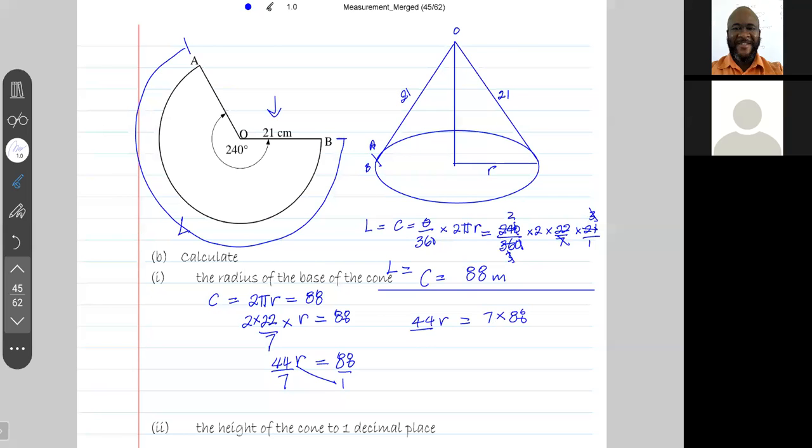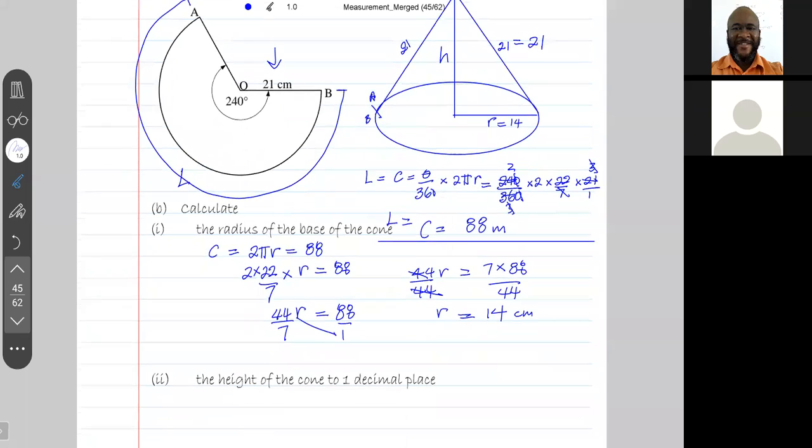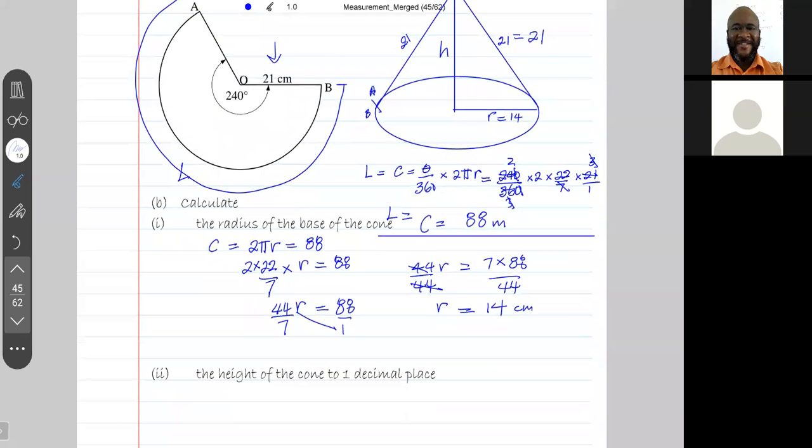Divide both sides by 44, and we get r is equal to 14 centimeters. So this r is 14, and this is 21. We could always use that to find the height of the cone. So the next thing we need to do is to find the height of the cone.